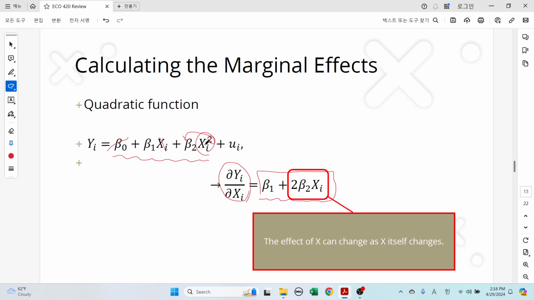If there was no quadratic function, it will be simply beta 1. But now because of the quadratic part, you get something else. So this part captures the change in marginal effects as x changes, like diminishing marginal returns, something like that, right? As x increases, the effect of x itself may increase or decrease. So that is quadratic function.